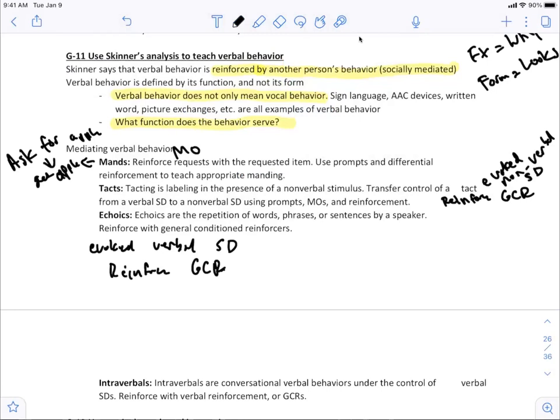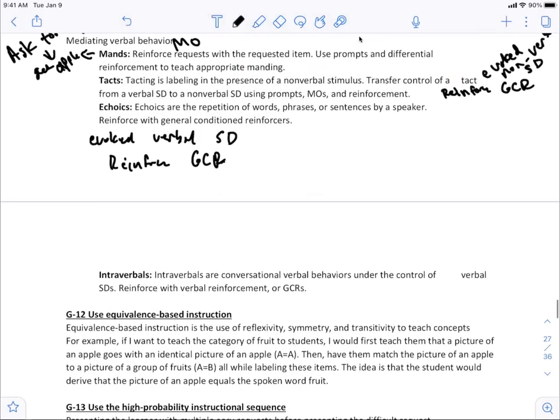You say, go get the Monopoly game. Echoing. And then interverbals. Interverbals are conversational verbal behaviors under the control of verbal SDs. Evoked by a verbal SD. Reinforced with verbal reinforcement or GCRs.